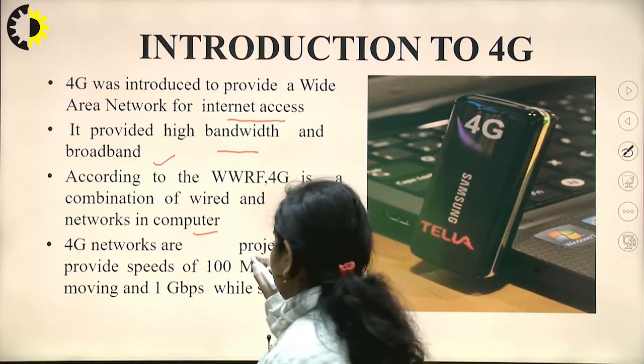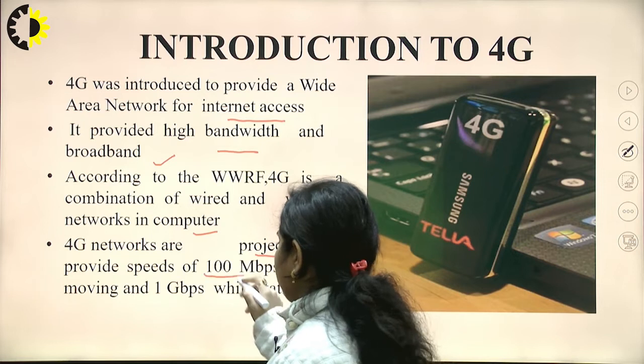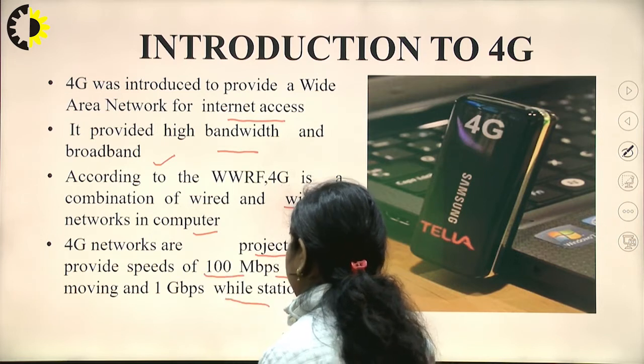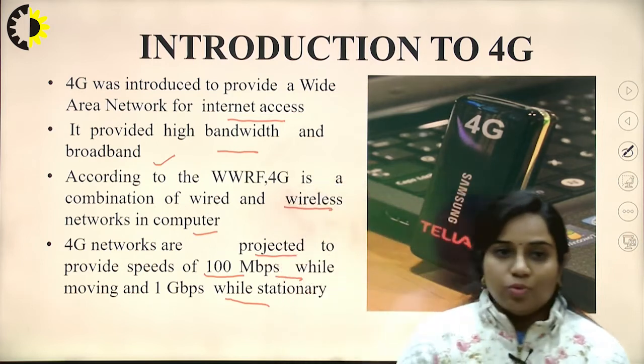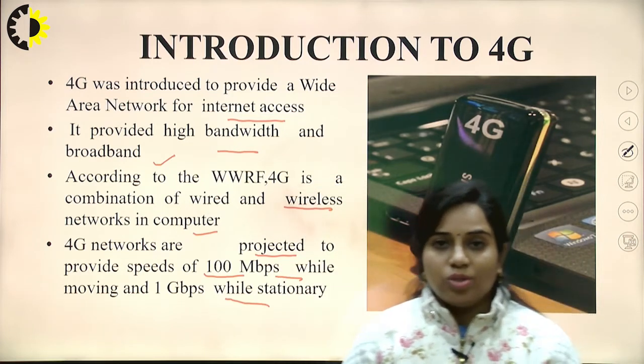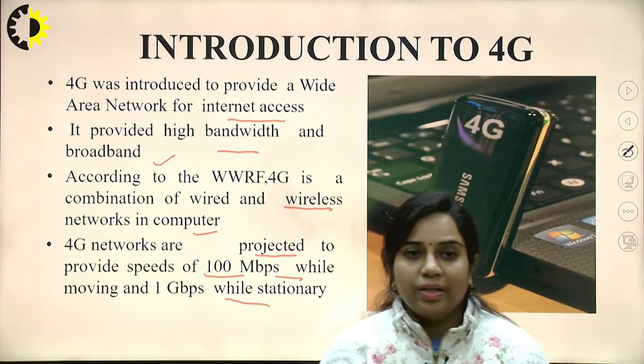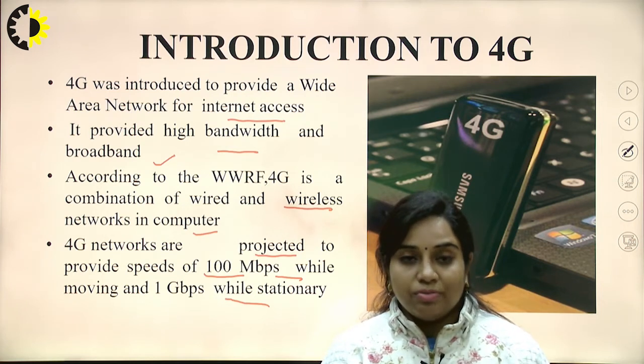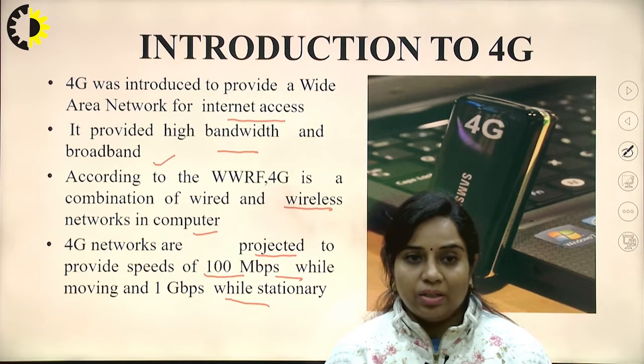Now 4G networks are projected to provide speeds of 100 Mbps while moving and 1 Gbps while stationary, which means that the 4th generation is used to provide internet access to different mobile phones connected in a network.